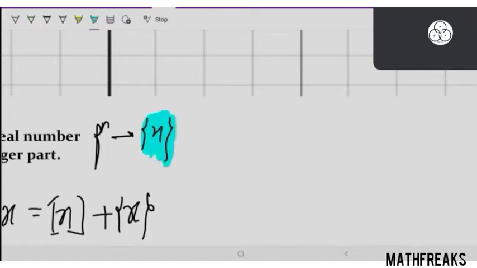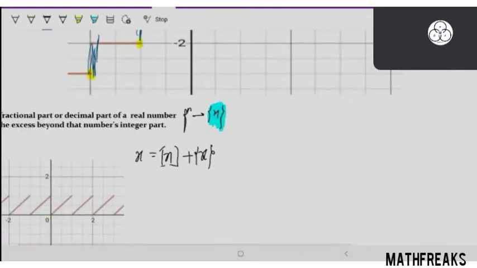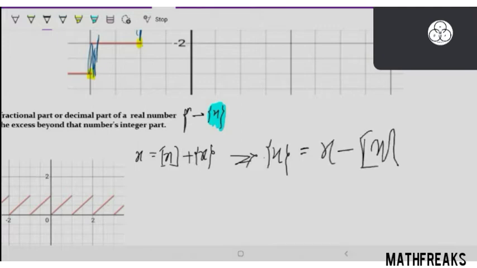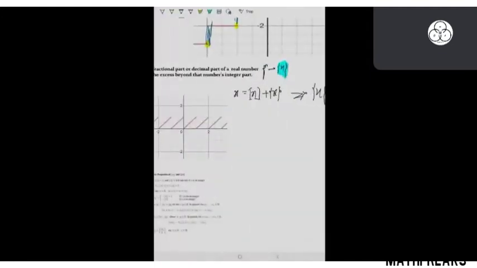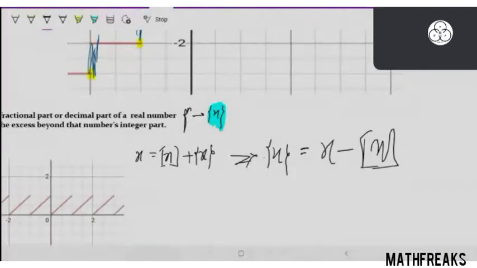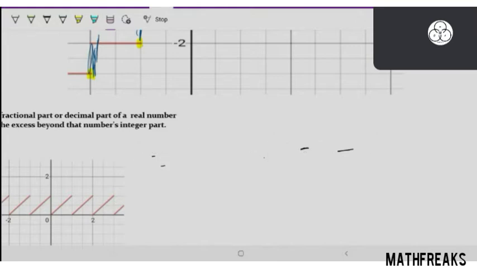Any number x can be written as box x plus curly x. So we can say that curly x is equal to x minus box x, which is the greatest integer function. So this is what? This is the excess beyond that number. That was a simple thing that we need to understand.